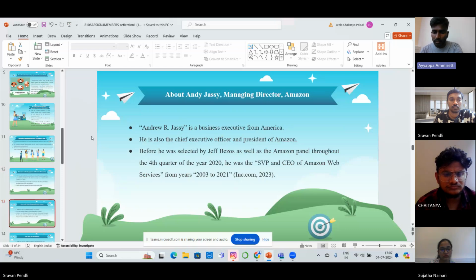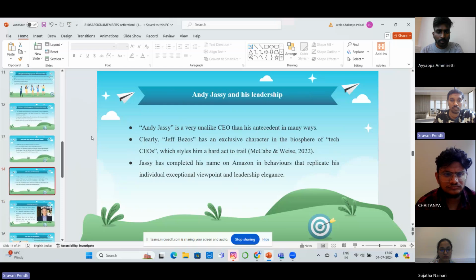AJ trusts in structuring a philosophy of investigation and unswervingly argues for its goods. Transparency is one more feature of AJ's leadership style, along with trust and the formation of a pleasing work environment inspiring collaboration and originality. Can you go to the next slide, Chaitanya?